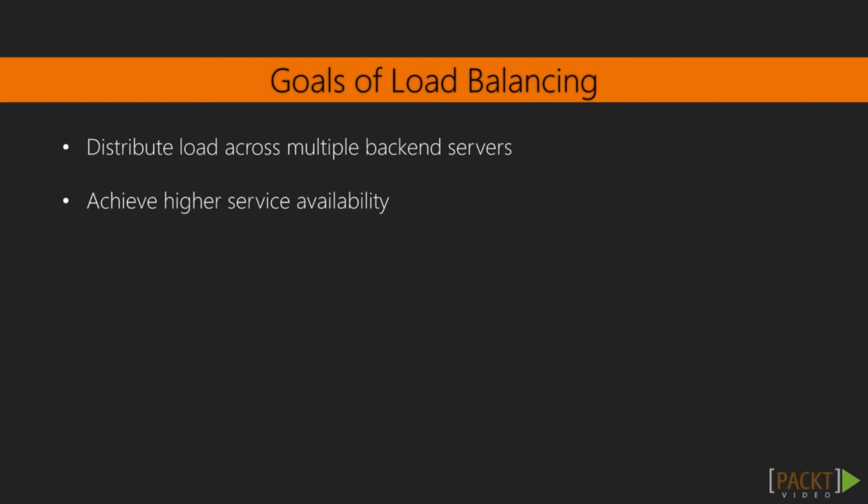A second goal of load balancing is to achieve a higher service availability. If a backend server fails, the load balancer notices that the server is no longer available and distributes new incoming sessions to different backend servers. Of course, sessions hosted by the failed instance are lost.